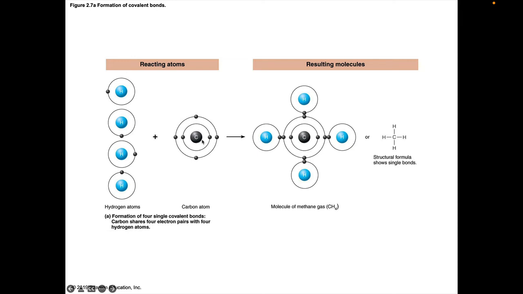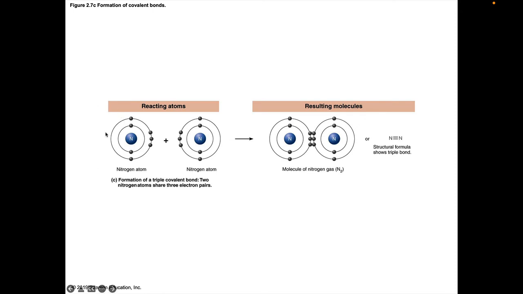Now, in order to fill the outer shell of carbon, it's going to need to share with 4 hydrogen atoms. And so each of these atoms gets to share 1 electron with each other, completing the outer shells of both of these different atoms. Covalent bonds are quite strong.